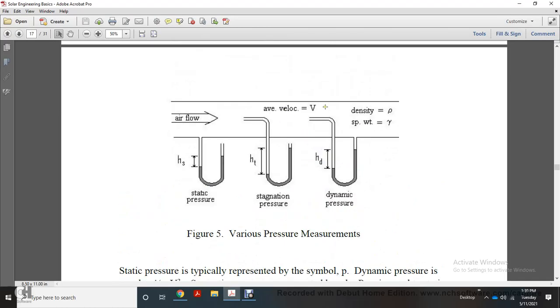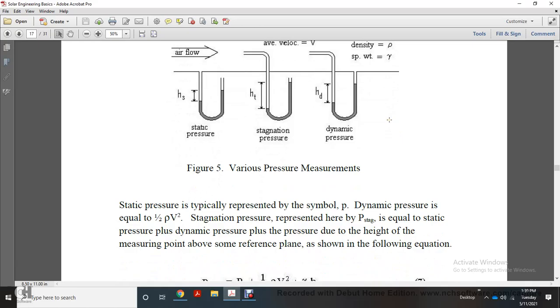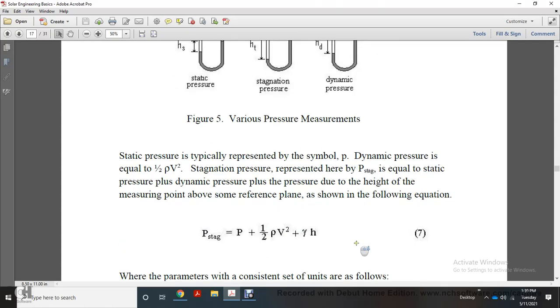Alright, average velocity is represented by V. Density is rho, specific weight is gamma. Static pressure is typically represented by P. Dynamic pressure is equal to 1/2 rho times V squared. Stagnation pressure, represented by P stagnation, is equal to the static pressure plus the dynamic pressure plus the height of the measuring point above some reference plane, as shown in the following equation.